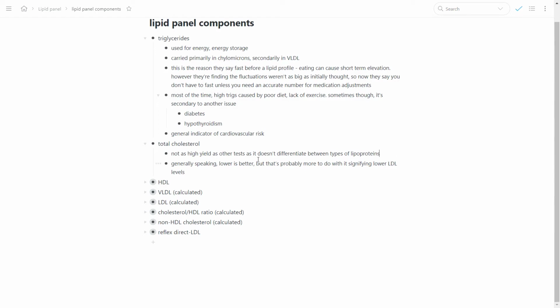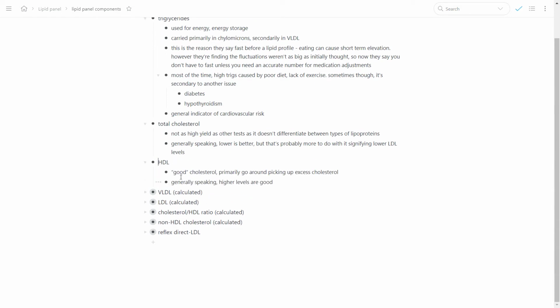So generally speaking, lower is better, but that's probably more to do with it signifying lower LDL levels, because that's the bad cholesterol. HDL, as we talked about, is known as the good cholesterol. It primarily goes around and picks up excess cholesterol, and generally speaking, higher levels are better.